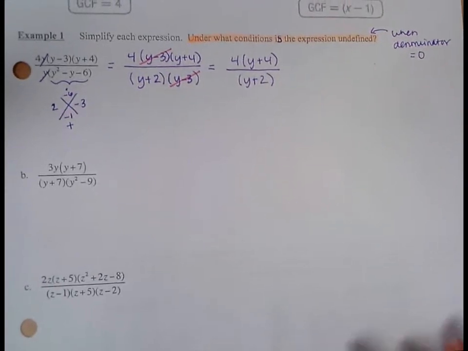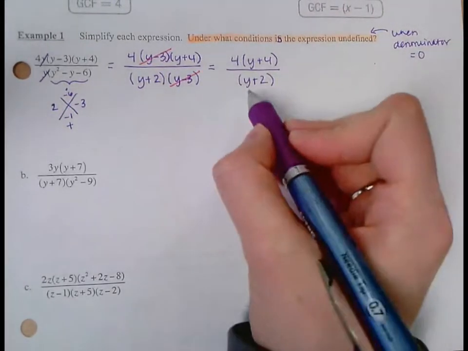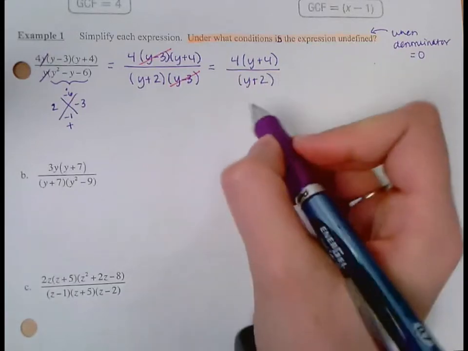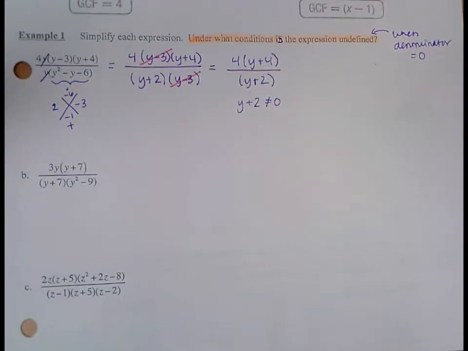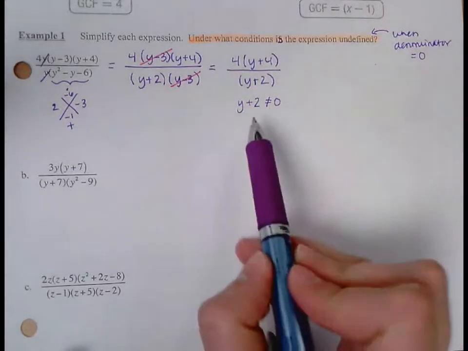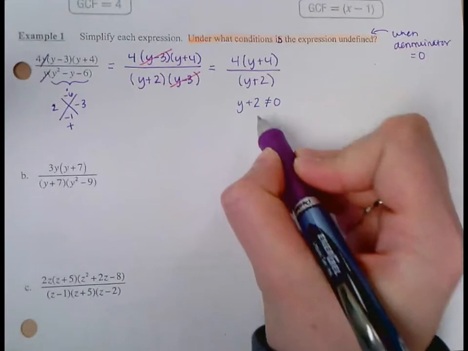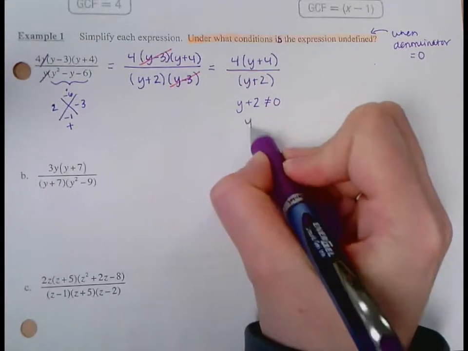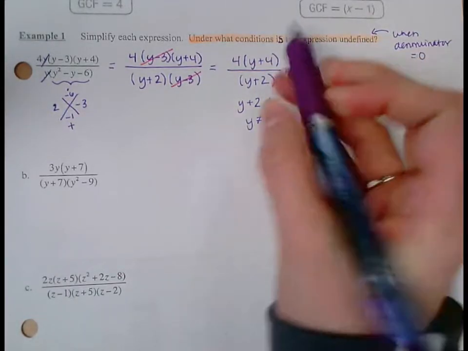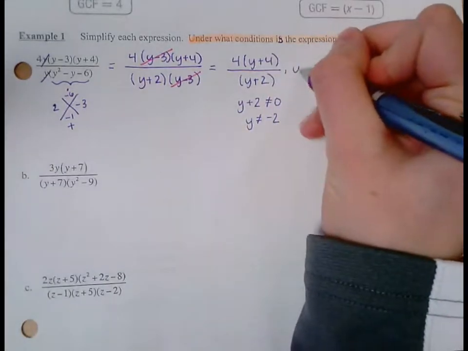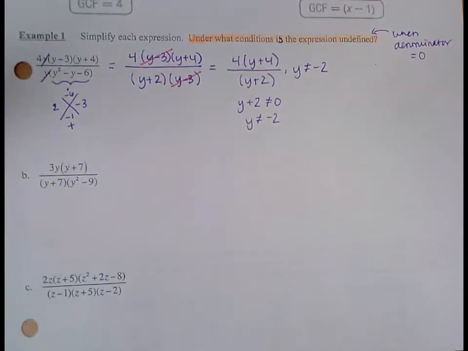To figure out where it would be undefined, you would take your denominator, which for this example is y plus 2, and say y plus 2 cannot equal 0. And then solve the equation for the y value. If I solve this for y, I would subtract 2. So this means y cannot equal negative 2. I'm just going to add that after my expression. So this is the simplified expression as long as y does not equal negative 2.